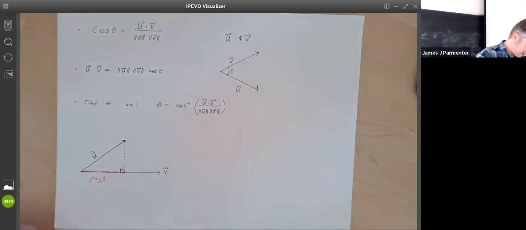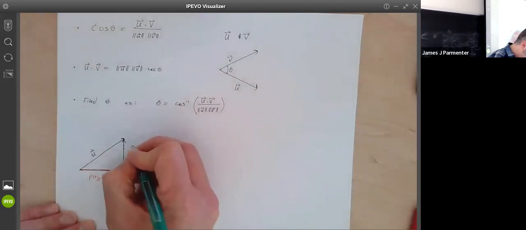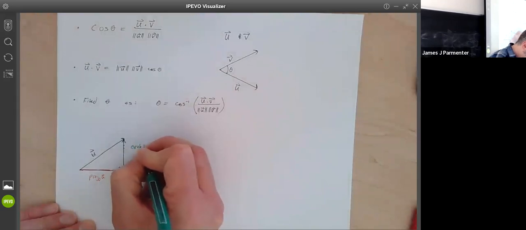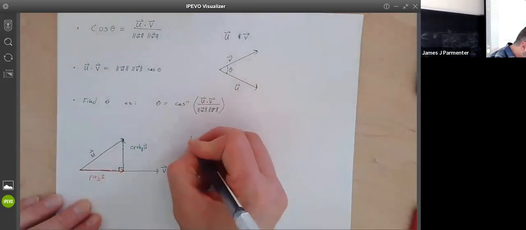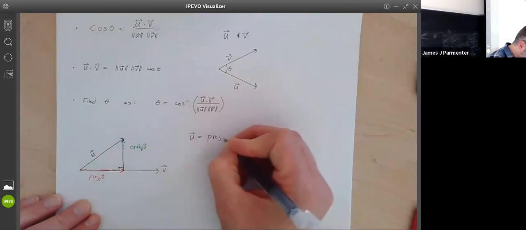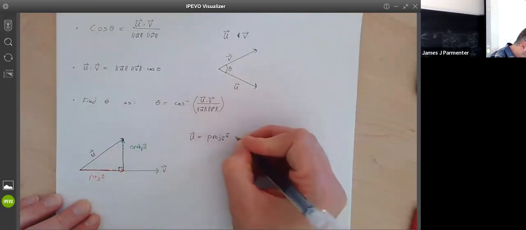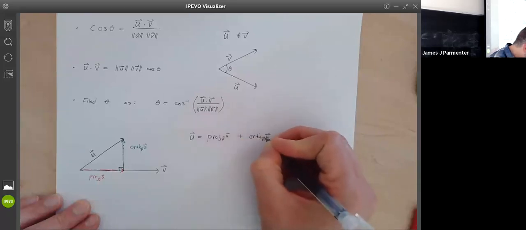And this vector here, I'll do in green, is the orthogonal complement of u onto v. And just from the get-go, what I want to point out is that you can think of u as its projection onto v plus its orthogonal complement onto v.